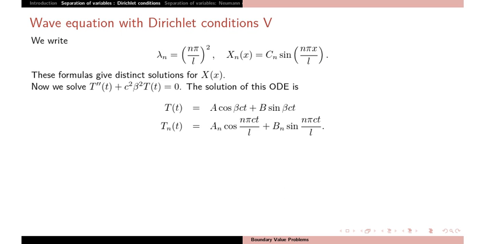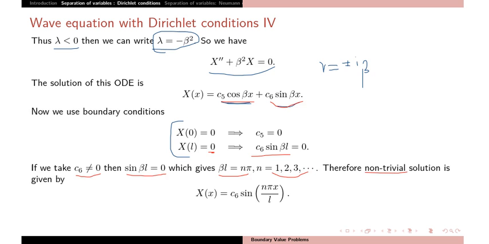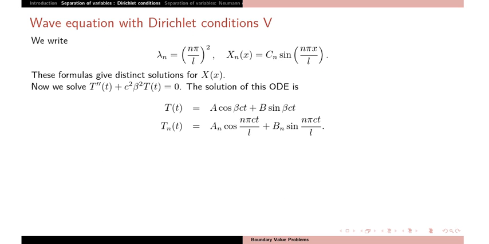So finally lambda is minus beta square, so lambda n will be negative, minus beta square, where beta is n pi by L. And the solution is X_n(x) equals C_n, since the left hand side contains n, so I am writing C as C_n. You can write anything, this is a constant, sin(n pi x by L). So this formula provides X.